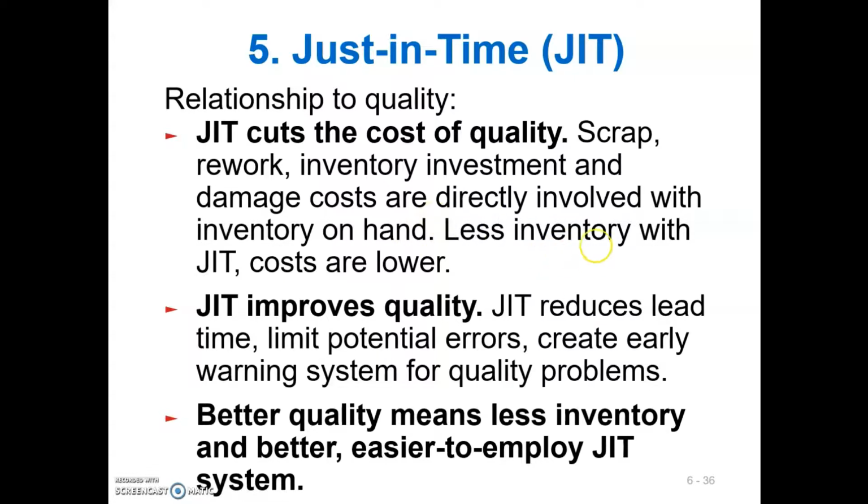So less inventory with JIT results in lower costs. JIT improves quality, where JIT reduces lead time, limits potential errors, and creates an early warning system for quality problems. So better quality means less inventory and makes it easier to employ a JIT system.